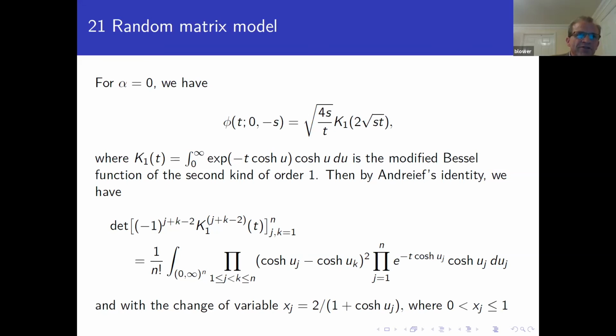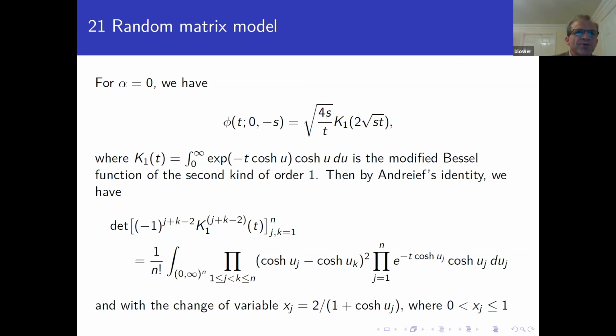This is a van der Monde expression, and the fact that it appears with a square means that we've got what's called a unitary ensemble. So this is associated with Hermitian matrices. But anyway, this is a standard way of representing such a determinant as an integral over spaces of matrices.